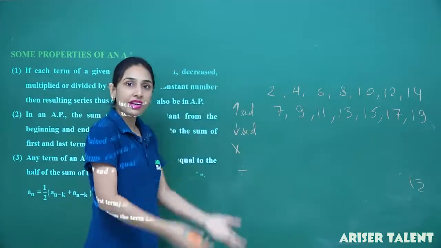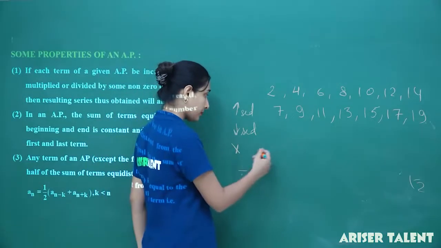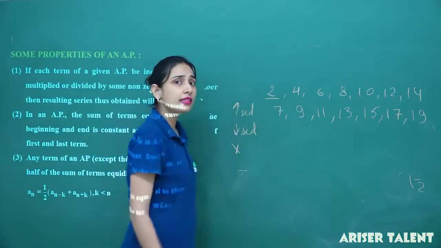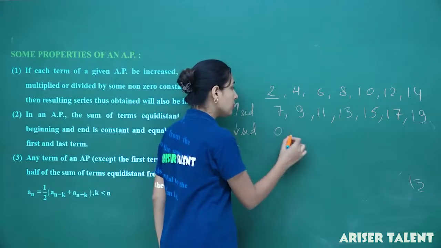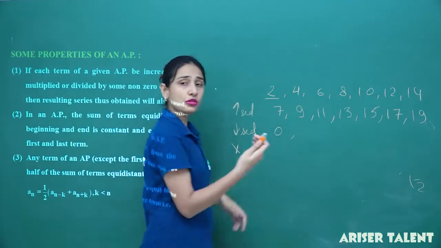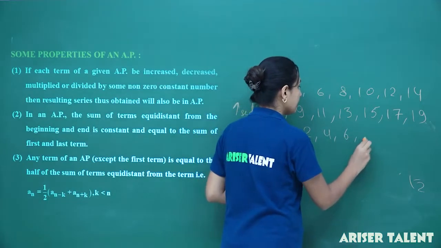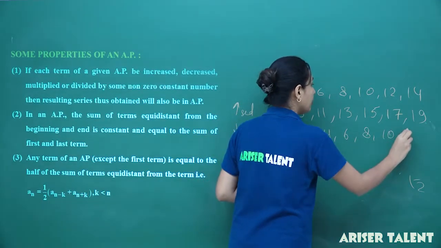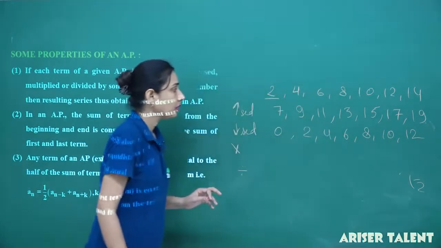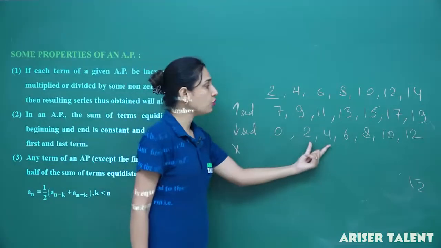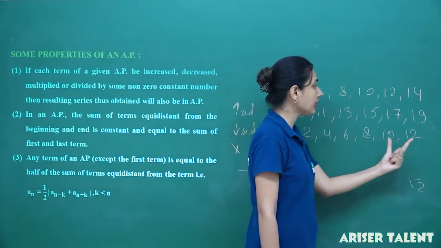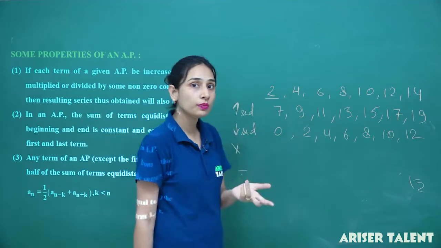Now if I decrease it, say by 2 from the original, then it will become 0, 2, 4, 6, 8, 10. Again the difference is 2 here, 2 here, 2 here, 2 here and 2 here. So the common difference is 2.